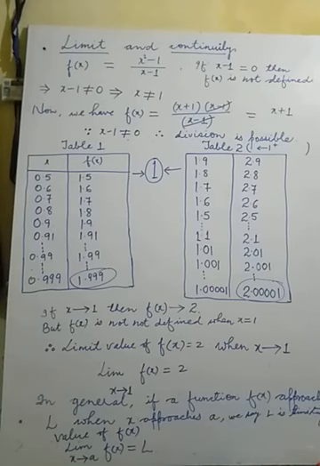And how can it be denoted? Limit x tends to A, when the value of x is approaching A, the value of the function is equal to L. This is the way to represent this limit.